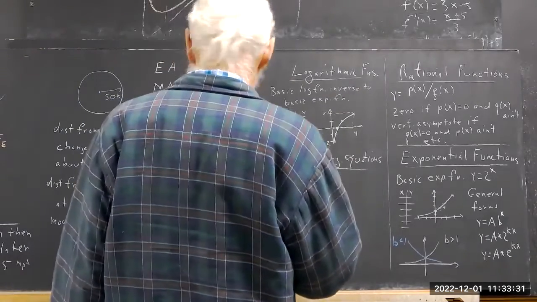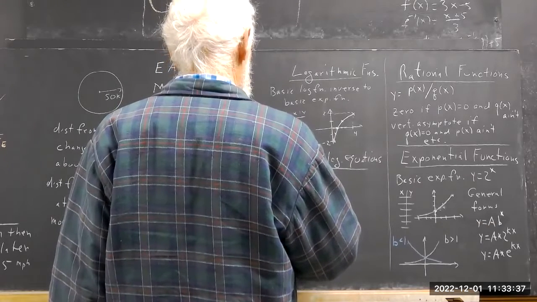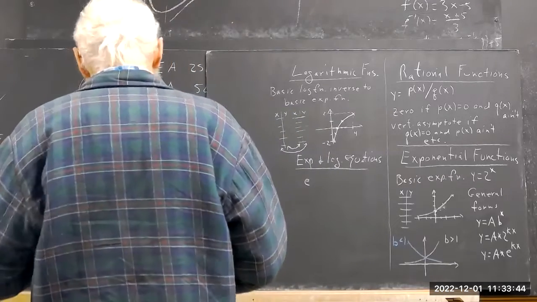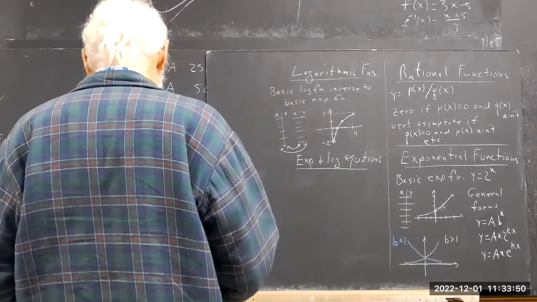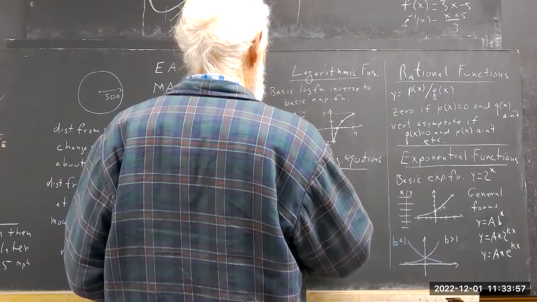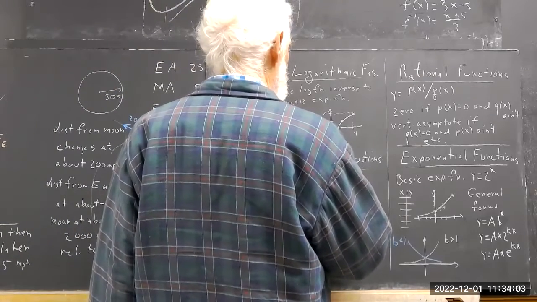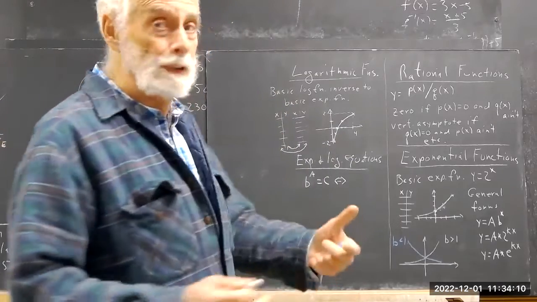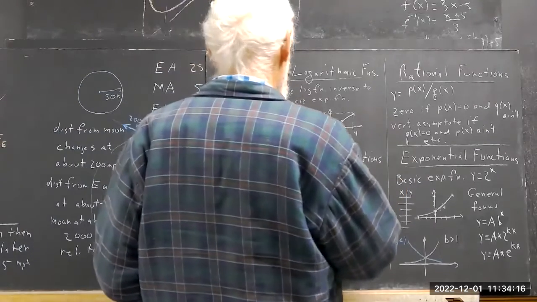The basic thing you need to know is that, I want to write e because we do want to be able to do this with e, but not right now, b to the a equals c is equivalent, by the fact that log base b is inverse to b to the x, to the exponential function base b.